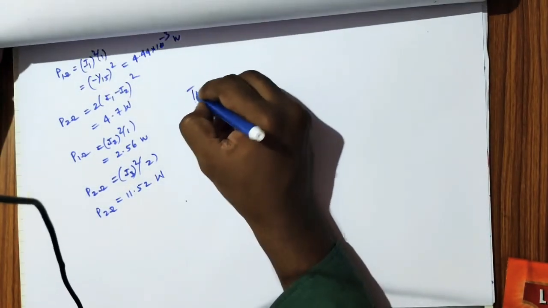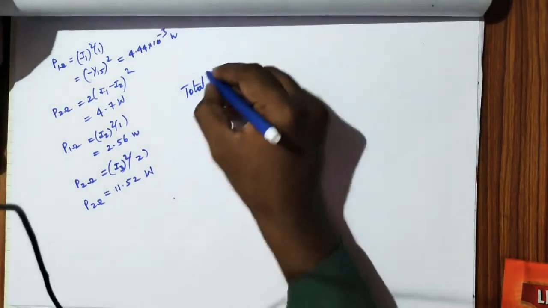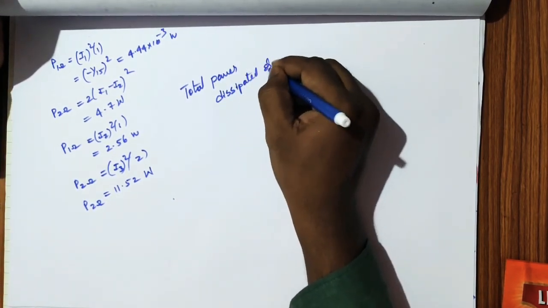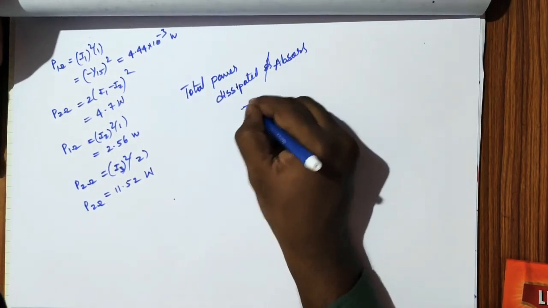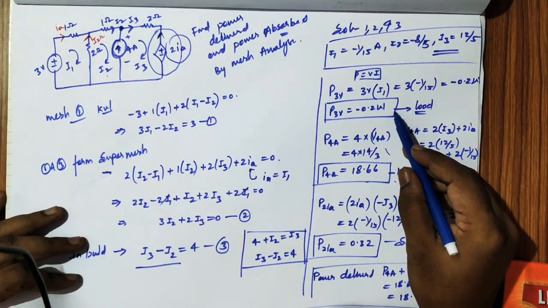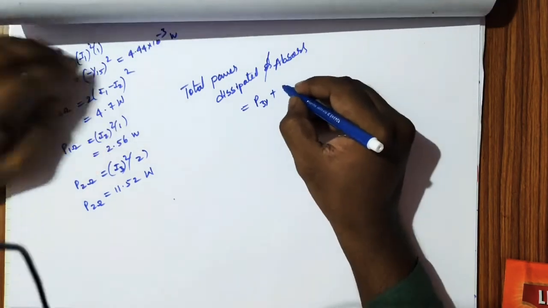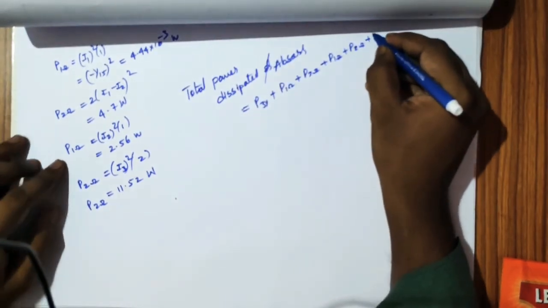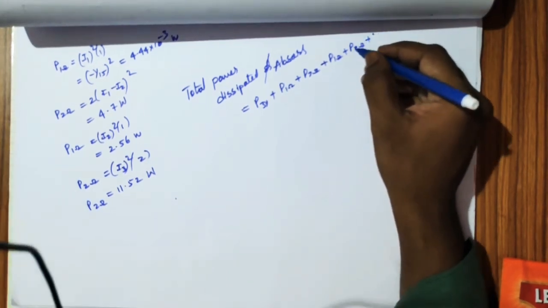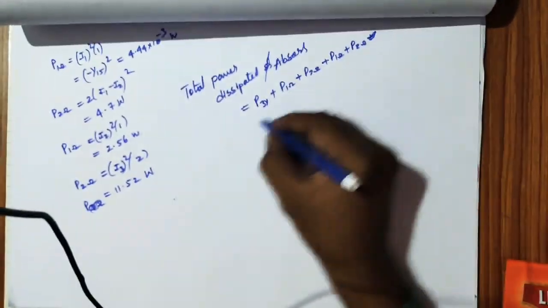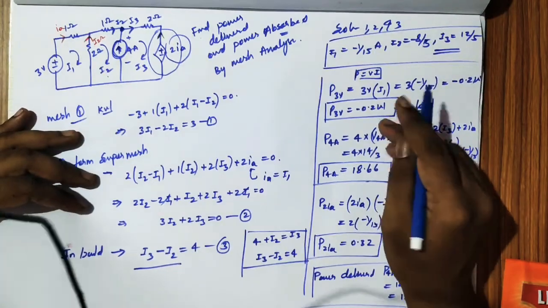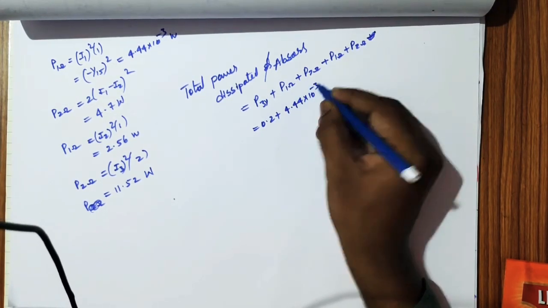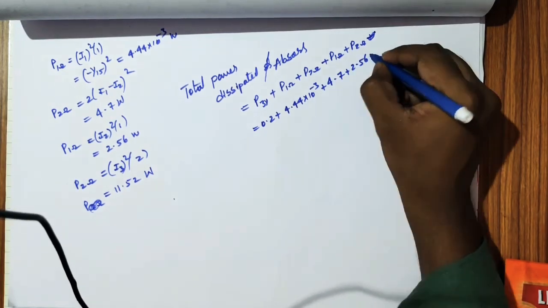So the total power dissipated or absorbed is equal to, this element is dissipating power, this is acting as a load, therefore we add that P2IA, 0.32, plus P1 ohm value 4.44 into 10 power minus 3, plus 4.7 plus 2.56 plus 11.52.